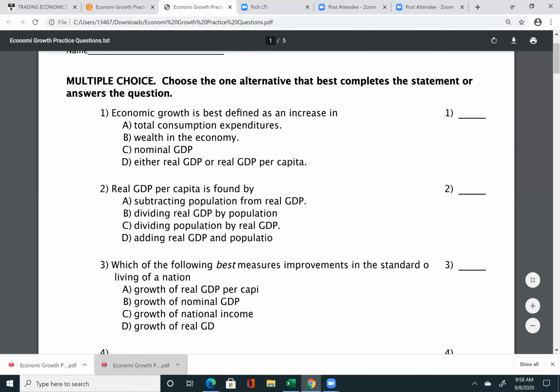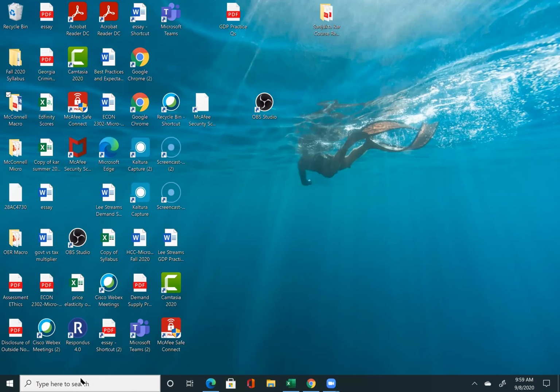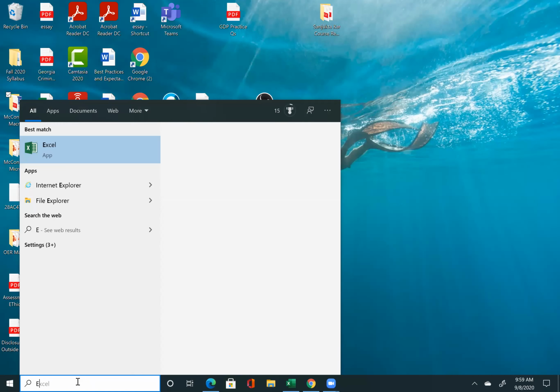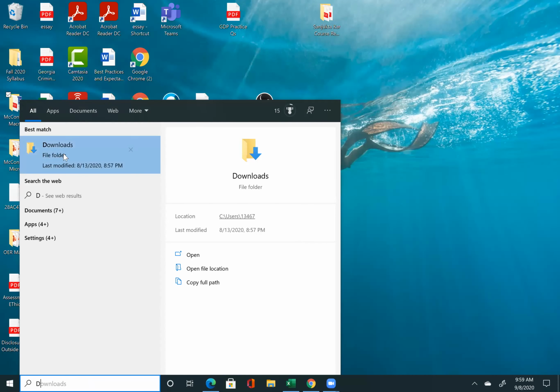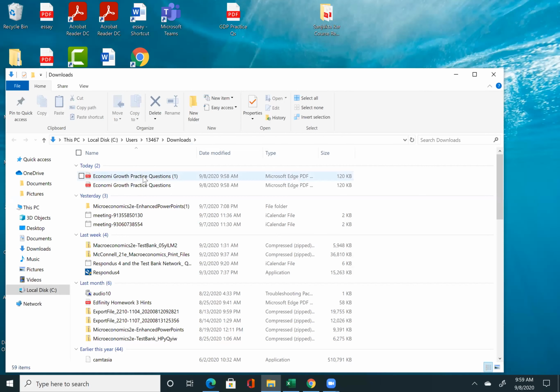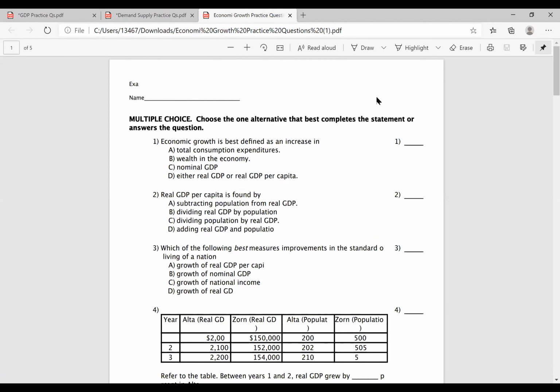Let me try to share this PDF file, because if I do not share it, it becomes difficult to write down. Now I'm sharing the right file.